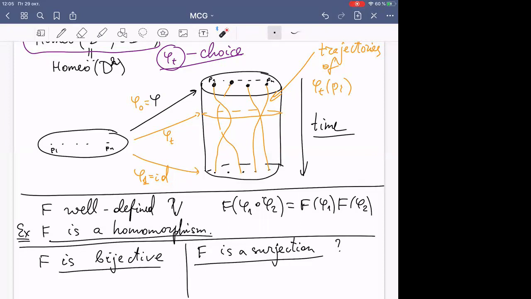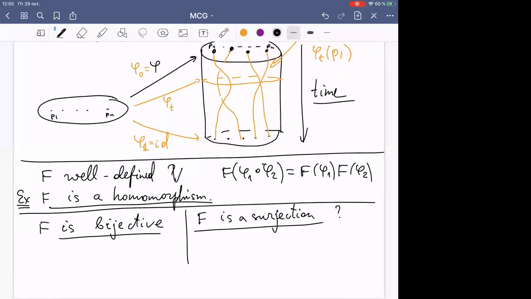And why is it injective? Actually, since F is a homomorphism, we just need to show that if F of some homeomorphism phi is a trivial braid, then phi represents 1 in the mapping class group of the n-punctured disk.